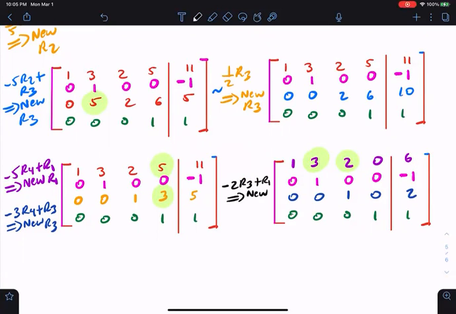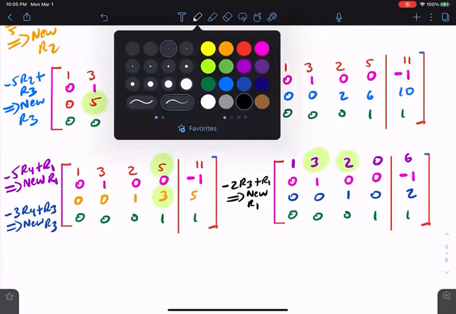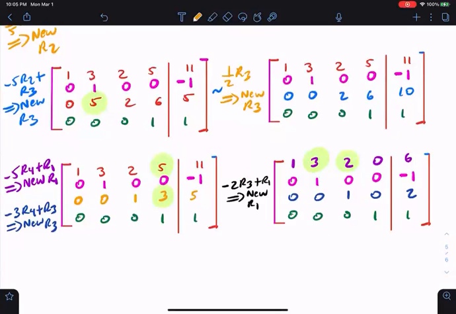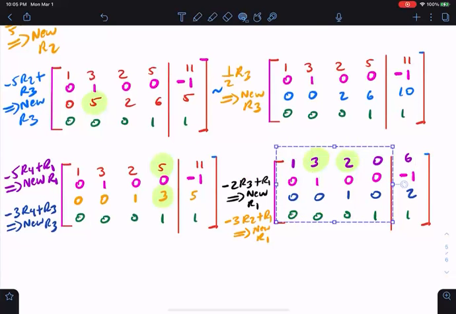I'm going to do it step by step because it's a little tricky, and I don't want to confuse you. Then we can do negative 3 row 2 plus row 1, and that will give me new row 1. And after that, we're done with this problem, hopefully.